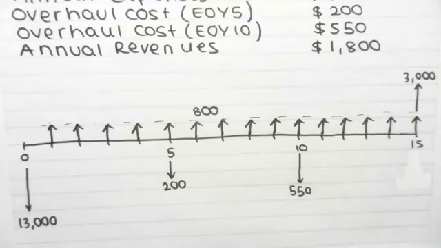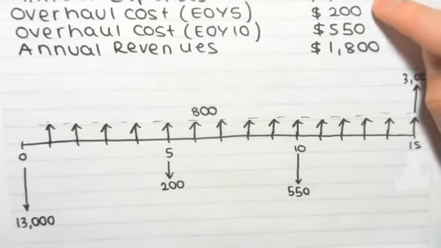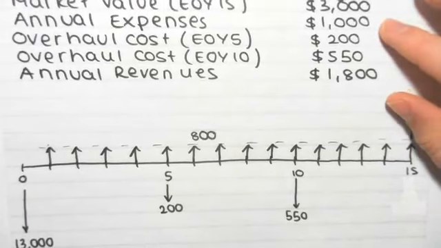So you can see here that we've got a $13,000 investment in year 0, and we've got an overhaul in year 5 and year 10, and we've got a constant annuity of the profit each year, which is simply the 1,800 less the 1,000 up here.